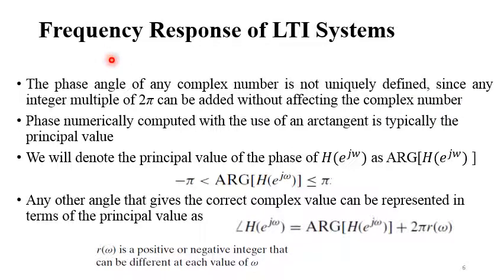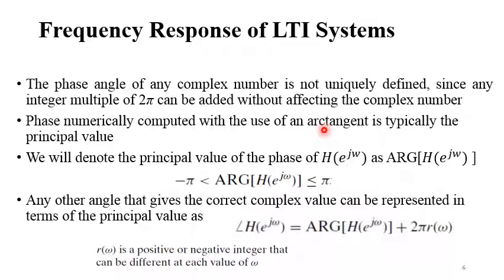You might have noticed that the phase angle of any complex number is not uniquely defined, since any integer multiple of 2 pi can be added without affecting the complex number. And the phase angle we normally compute is using the tangent inverse of the imaginary over the real part.